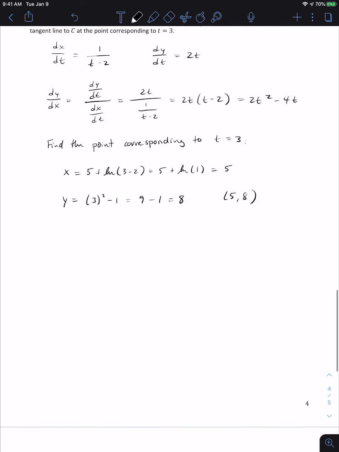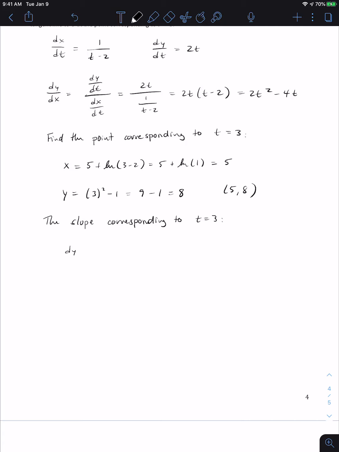Now let's find my slope corresponding to t equals 3. Then that's going to be dy/dx, and we found that expression to be 2t squared minus 4t, so 2 times 3 squared minus 4 times 3. So 2 times 9 minus 12, so 18 minus 12, which is 6.